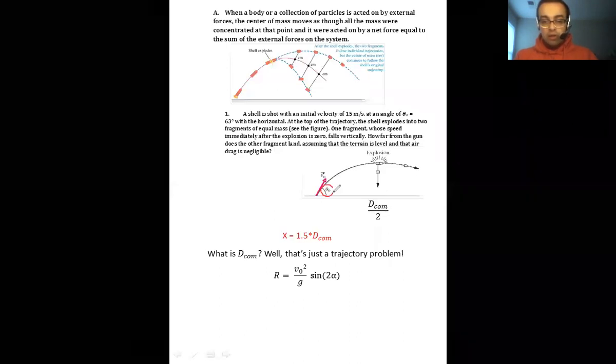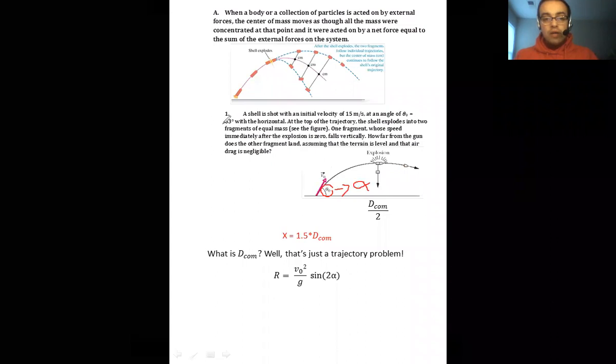So this would be alpha, like so. And we know that alpha is 63 degrees. So we go ahead and make our substitutions. The initial velocity is 15 meters per second. So that's 15 meters per second squared over 9.8 meters per second squared times sine of 2 times 63 degrees.